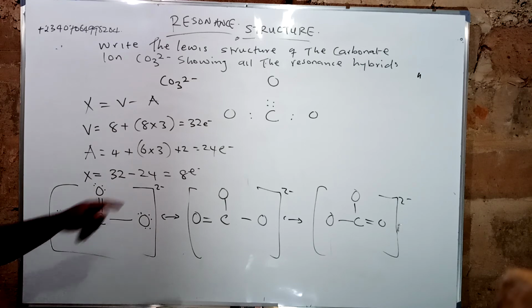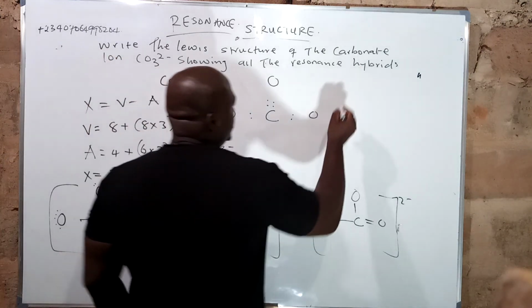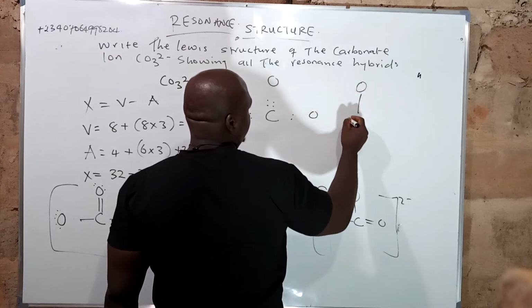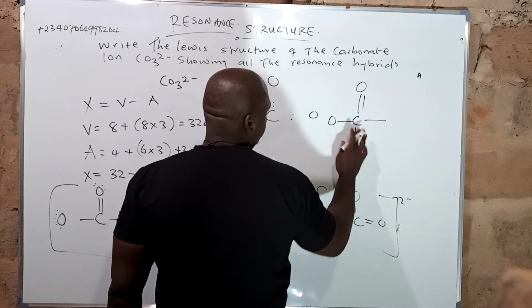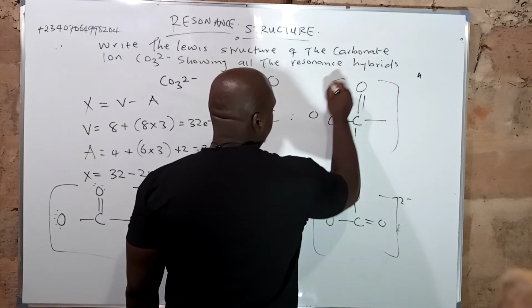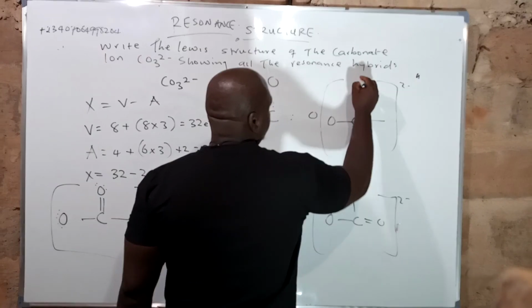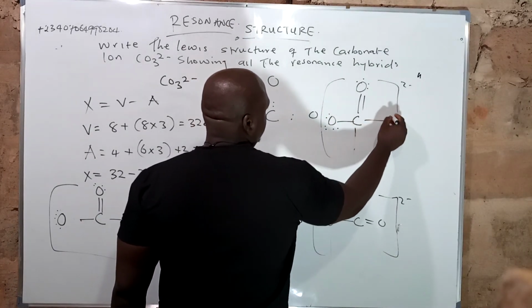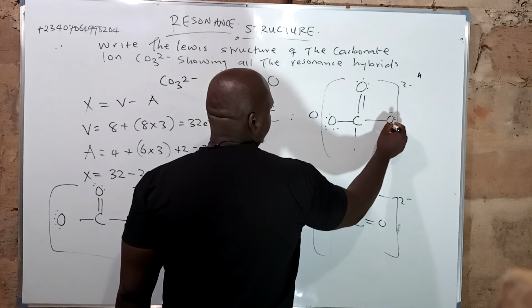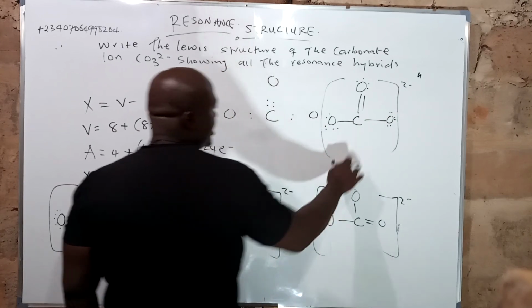So from the Lewis here, this is your Lewis structure. Remember this Lewis, let me write it here. So this is my Lewis structure. Of course, you know we have dots, lone pairs. I don't want to waste time in this video because what I'm teaching is not how to draw Lewis structures.